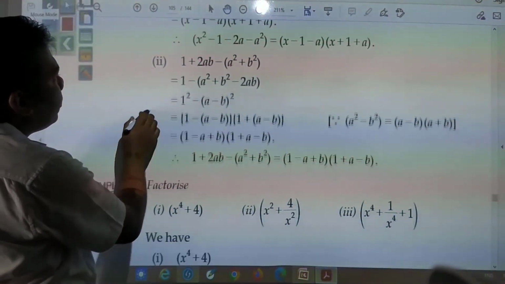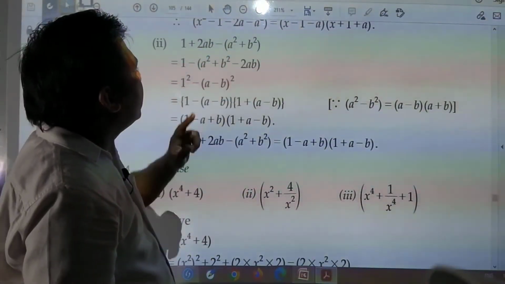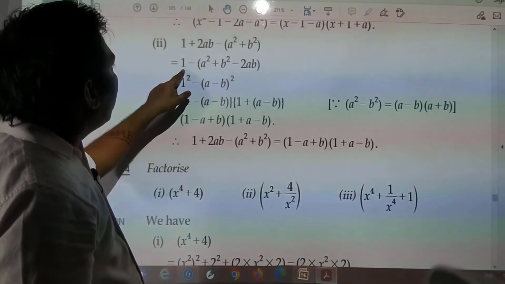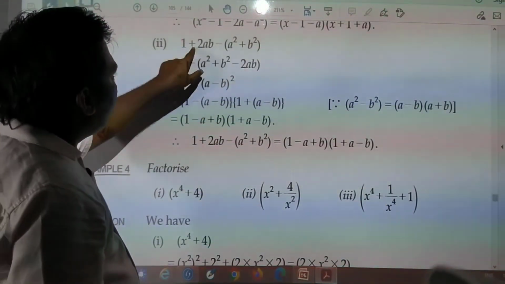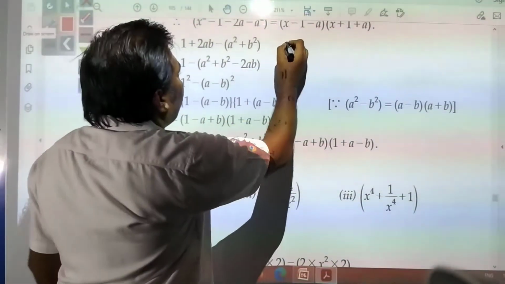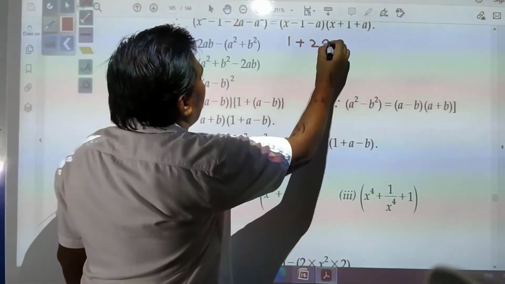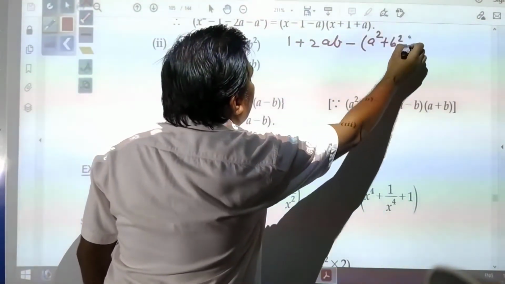Next you see 1 plus 2ab minus a square plus b square. Again 1 minus has been taken out common from here. Here you have 1 plus 2ab minus a square plus b square.